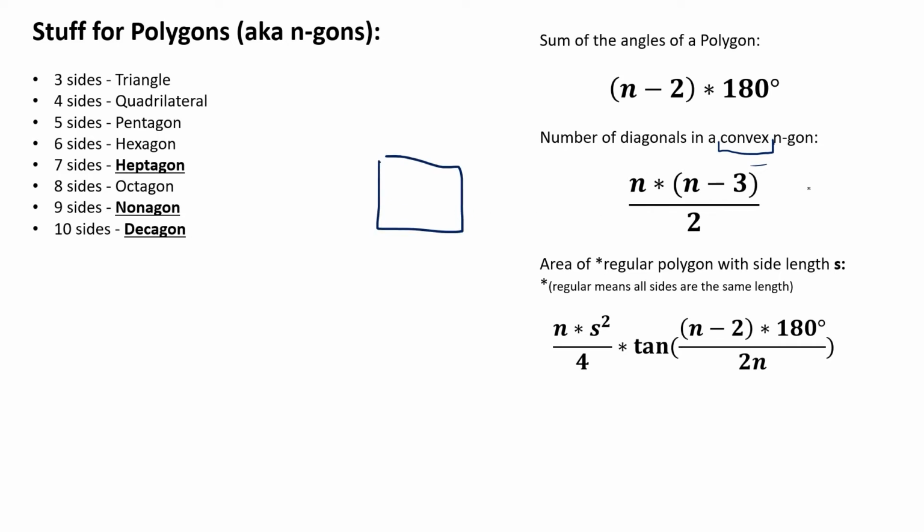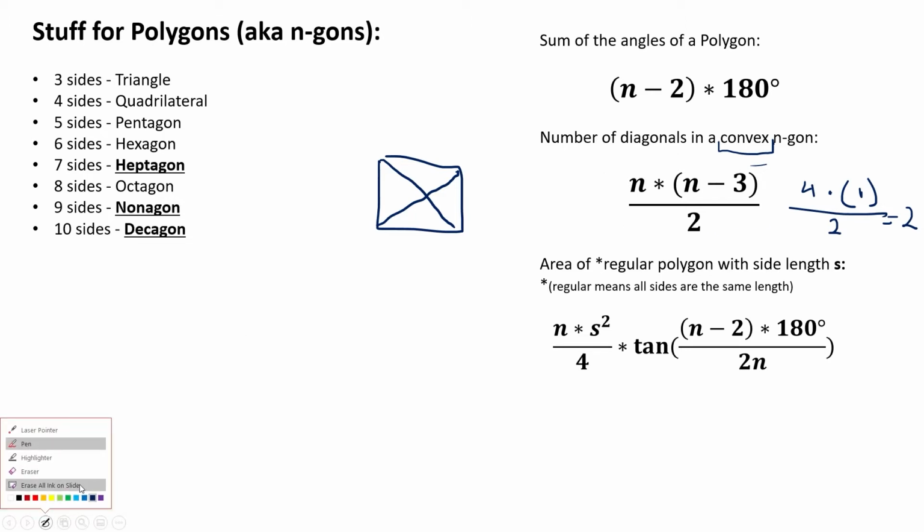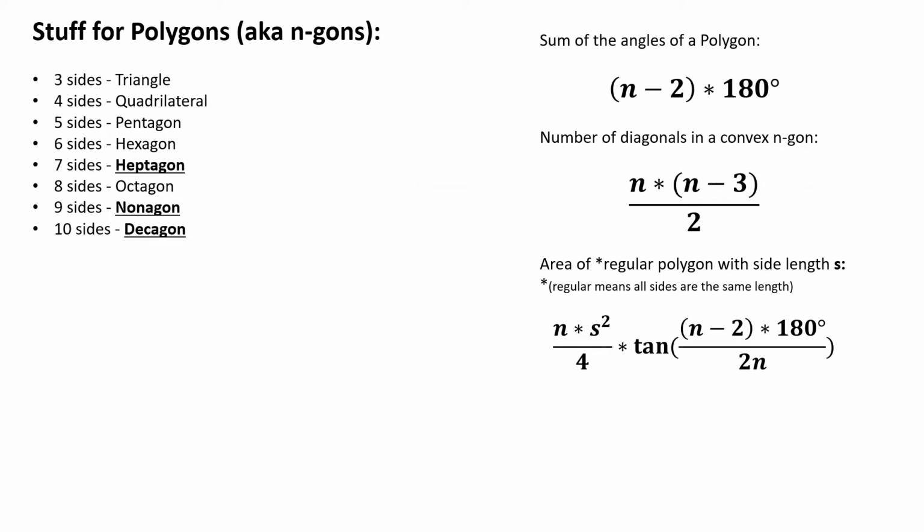We have 4, let's fill it out right here, 4 times that 4 minus 3 is going to be 1, over 2. So that's just going to equal 2. And that makes sense because we have 2 diagonals we can make. And that applies to all of the polygons. For 5, it becomes 5 different diagonals. I'm not going to try and draw that. Just memorize this equation.